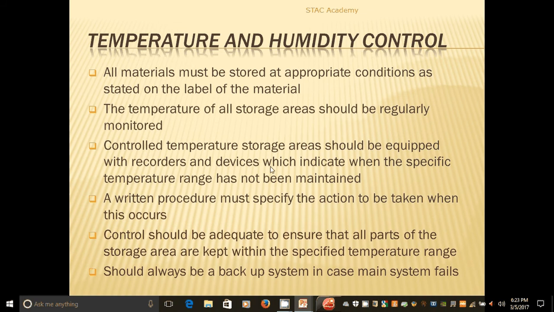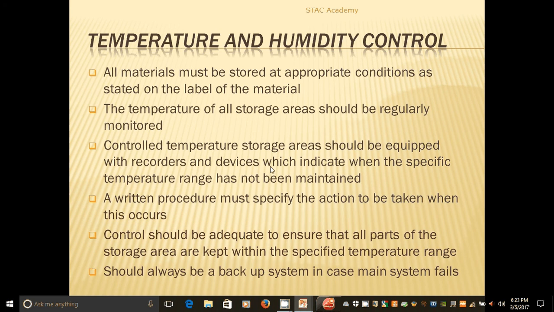Temperature and humidity control. All materials must be stored at appropriate conditions as stated on the label of the material. The temperature of all storage areas should be regularly monitored.